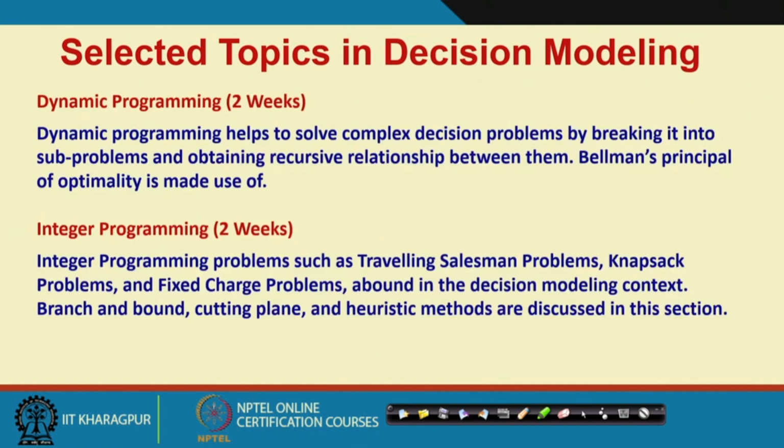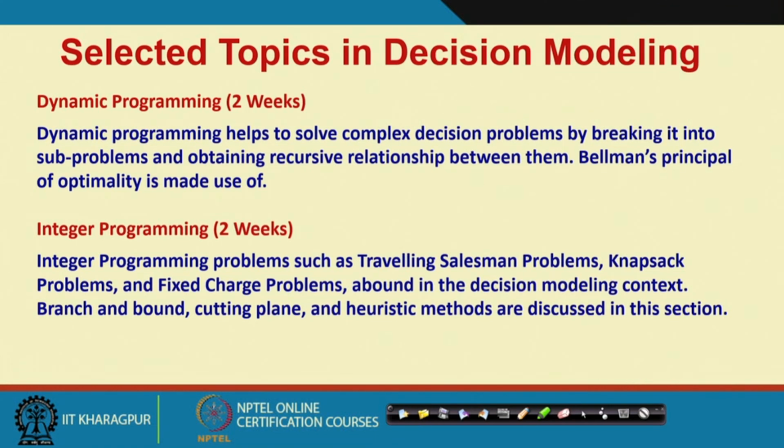Now, what are they? Dynamic programming is a method that really helps us to solve complex decision problems, first of all by breaking them into sub problems, and then finding that there could be some recursive relationship between those sub problems, and using those recursive relationships, we solve the problem stage by stage by making use of Bellman's principle of optimality.